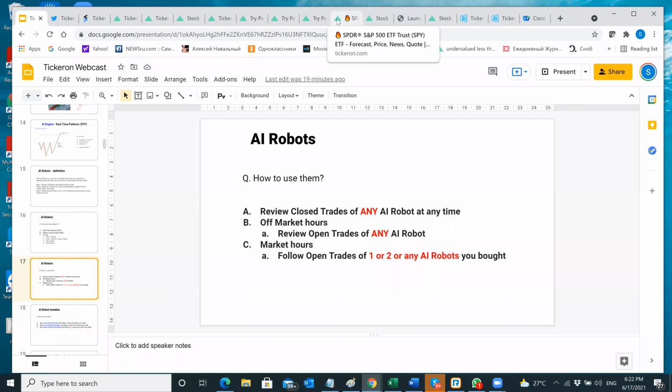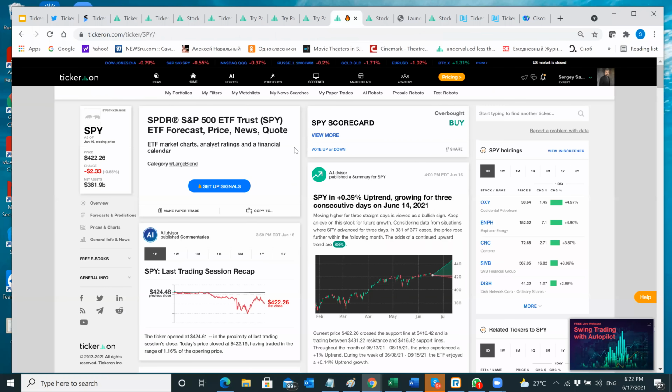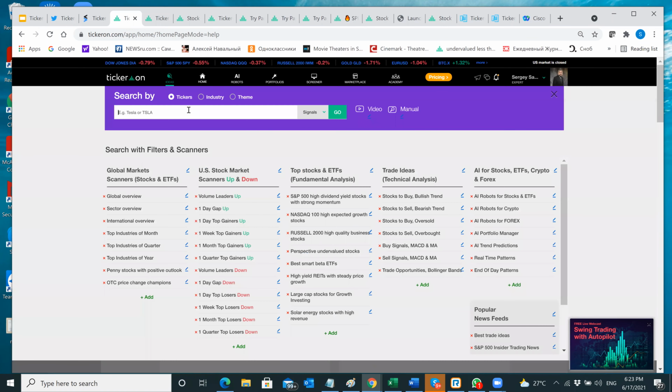This is a ticker page, which you can always view by getting a ticker right here. So let's assume I can go to ideas, and let's say I want to find out about Tesla, TSLA.